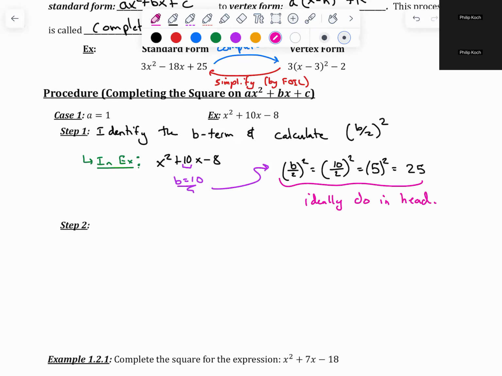Now that you've done that, step 2, add and subtract b divided by 2 squared after the bx term. This will make a perfect square trinomial.